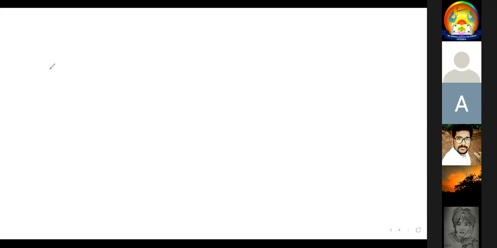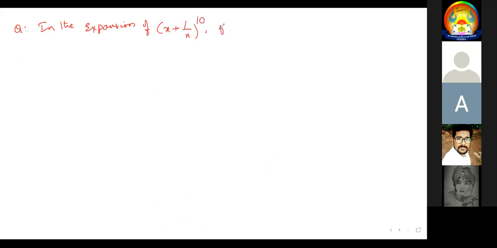Okay. Now, a question is: in the expansion of (x + 1/x) whole power 10, find T6, T8, T10. In the place of y, 1 by x is there.